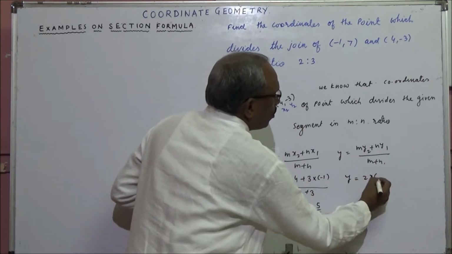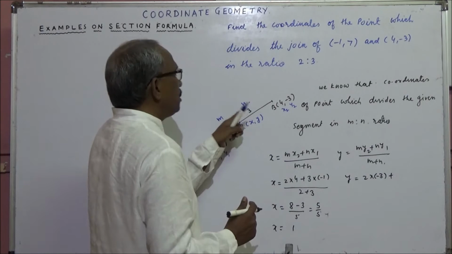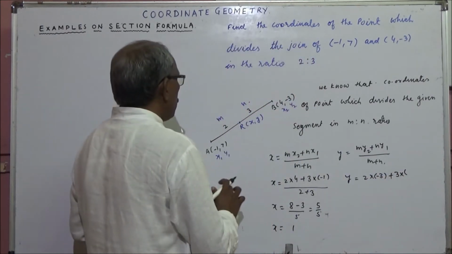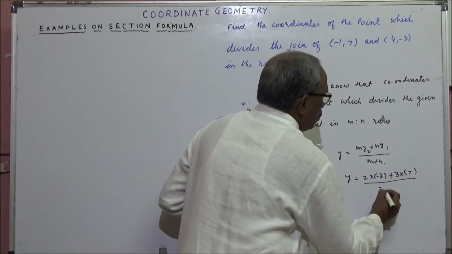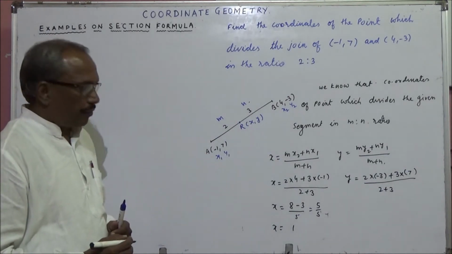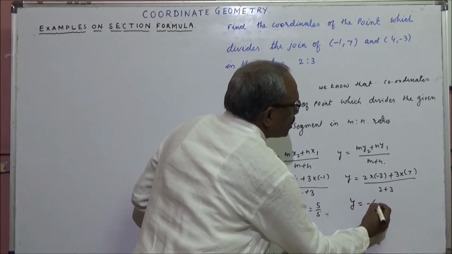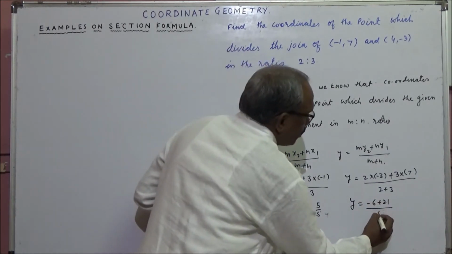So similarly we can calculate y is equal to m is 2, y2 is -3, plus n means what? 3, into y1. y1 means what? 7, upon 2 plus 3. Okay? So therefore y is equal to (-6 plus 21) upon 5.